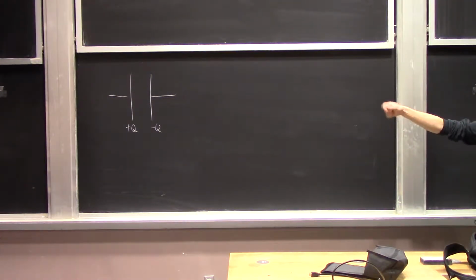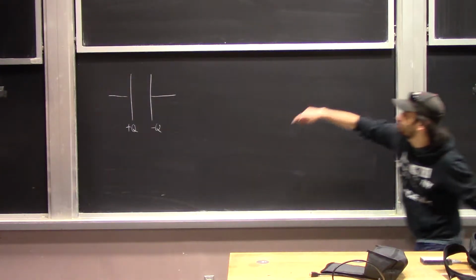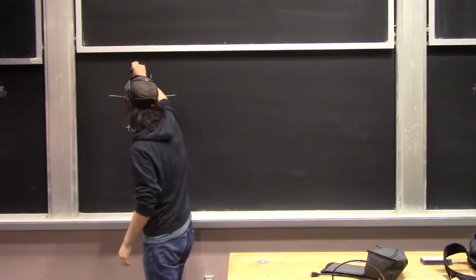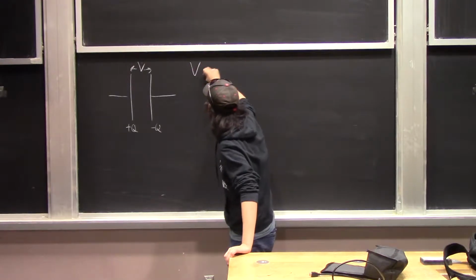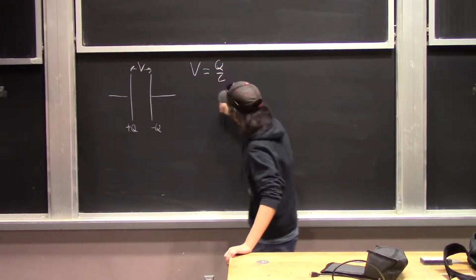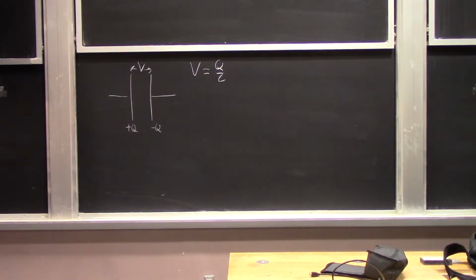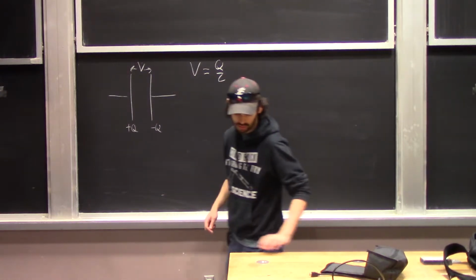When we talk about capacitors, we're interested in what the electric potential is across this capacitor. So what is the V that's across here? We could write this by saying that V is going to be equal to Q divided by C, where Q is the amount of charge that you have on the capacitor, and C is the capacitance of the system.